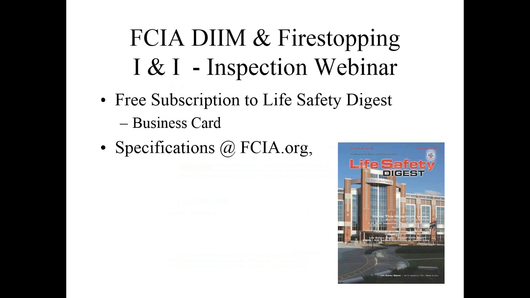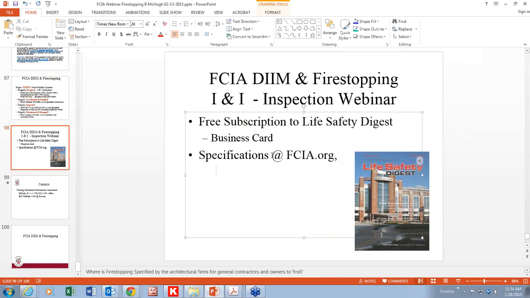Thank you very much for spending some time with us. If you're a specifier, please feel free to hit us at info@fcia.org. There are free specifications. Again, if you want some of those, hit us at info@fcia.org.